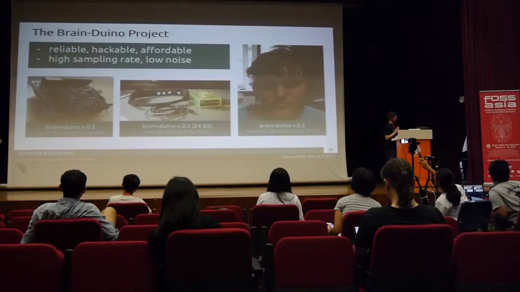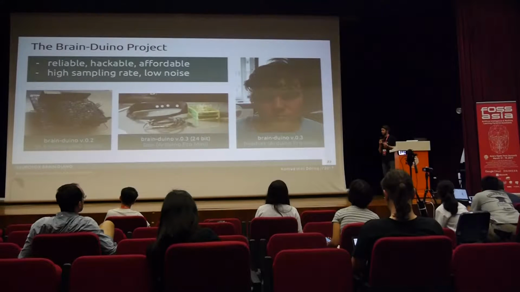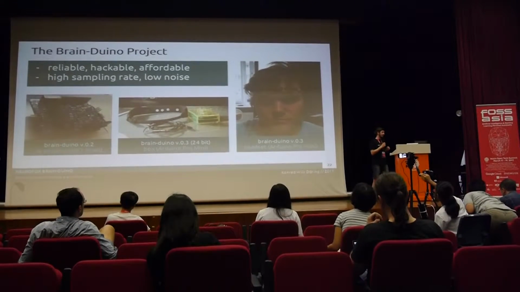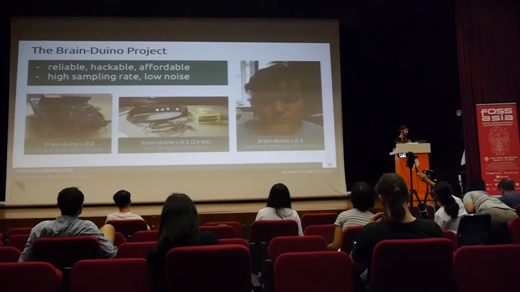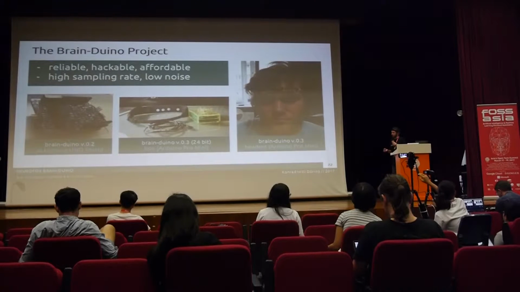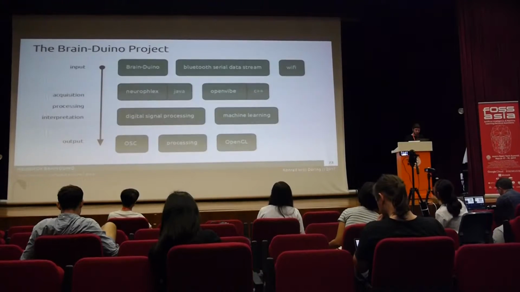Now we're working on using the Arduino Pro Mini, and also splitting the parts and making everything work as a headset. The result is an EEG device that is very affordable and has very high data quality. And this is an open source project.